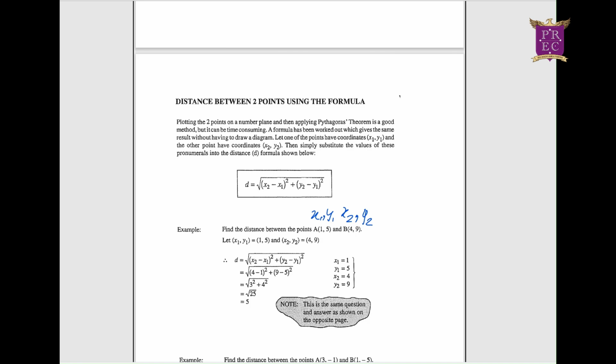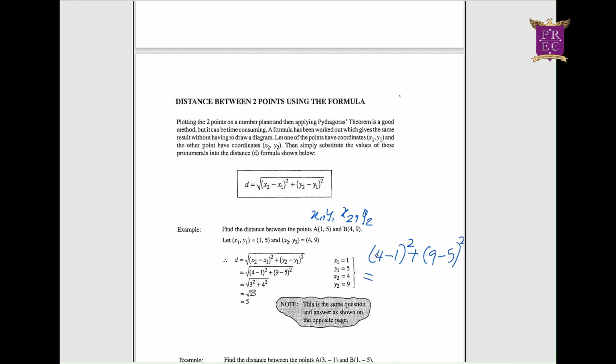So we know that x2 is 4, and then minus x1, which is 1, gives us 3, and we square it. And we have y2, which is 9, minus 5, which is y1, and square it.